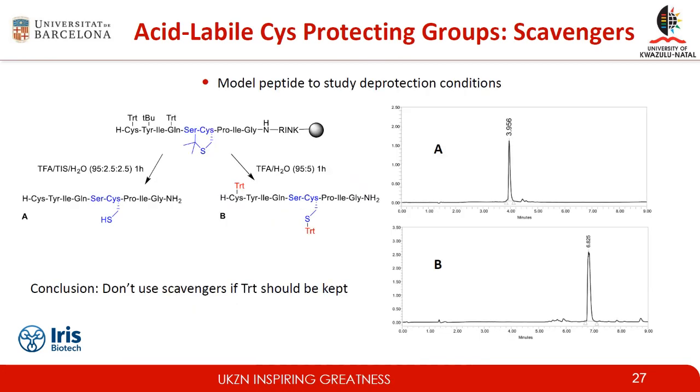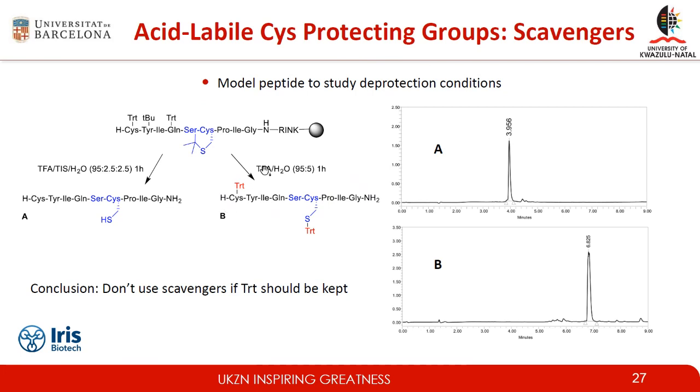Here is an example from my previous topic, the pseudoproline. Here we have a peptide with a pseudoproline, a simple peptide, and we were able to remove this pseudoproline with 95% TFA, 2.5% TIS, triisopropylsilane, and 2.5% water.